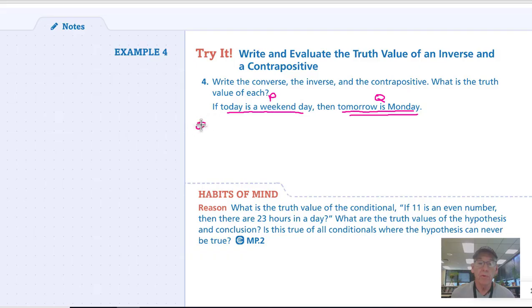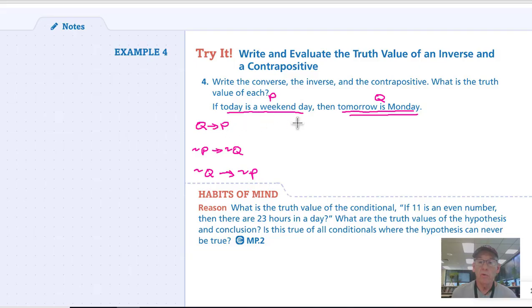The converse is Q, then P. The inverse is not P, then not Q. And the contrapositive is not Q, then not P. So we want to write each one of those forms and then evaluate them.